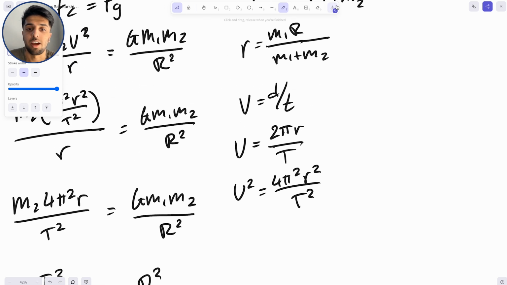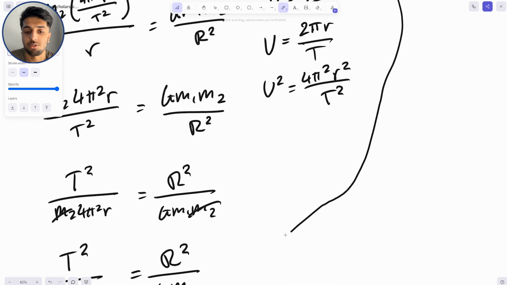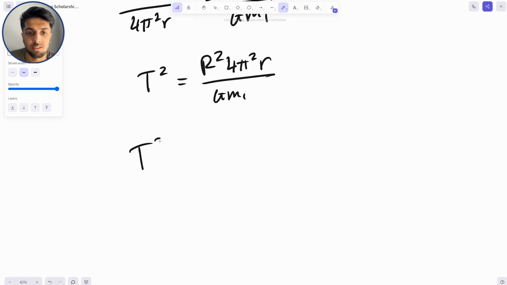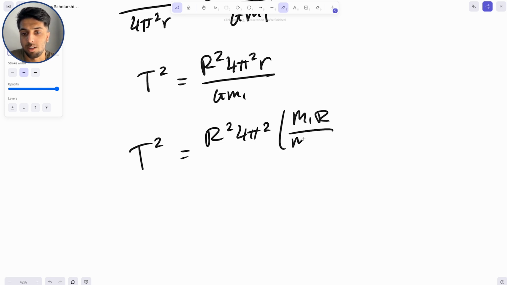Now we can sub in our r equation into here, and we get t squared is equal to R squared 4 pi squared m1 R over m1 plus m2 all over G m1.